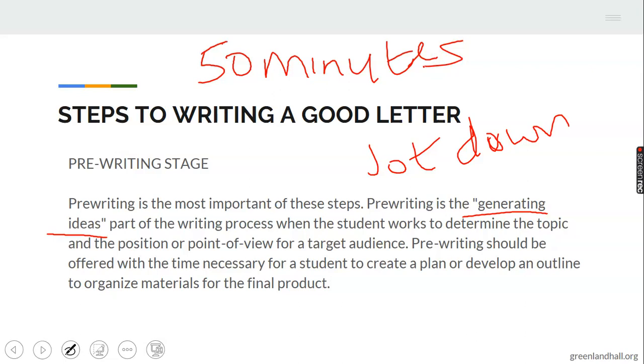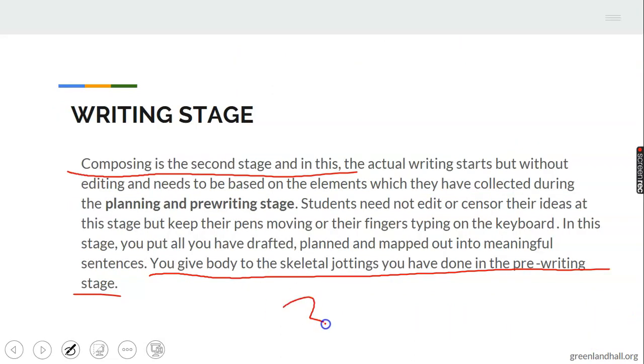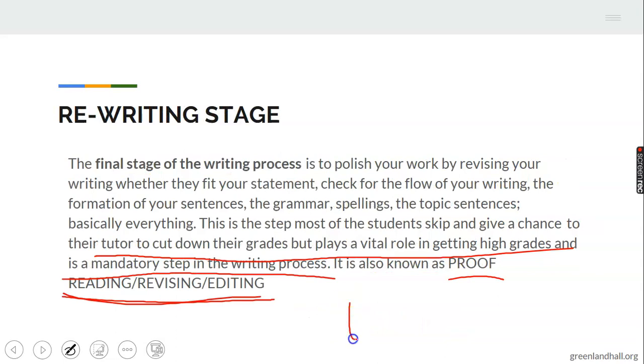To plan your time well, I will advise you use 10 minutes here to plan, and 30 minutes here to write. By the time you have planned well here, you'll find it very easy to write under 30 minutes. And lastly, your last 10 minutes to revise your work.